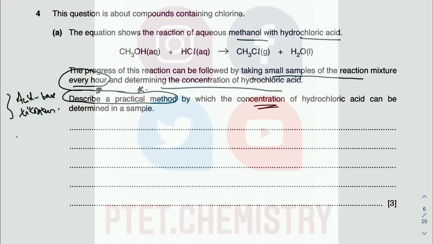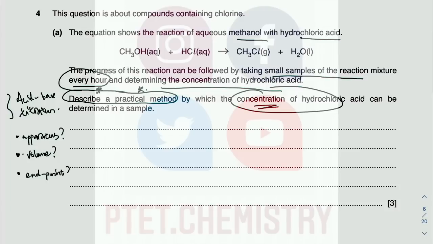So you should have the apparatus you're going to use, things like burette or pipette, the volume, like what is going into the burette, what is going into the pipette, and then it says how can you determine the concentration. So you're going to describe the endpoint as well, but you're mixing colorless and colorless, so you need to mention something about an indicator. Without an indicator, how can you tell what is the endpoint, right?